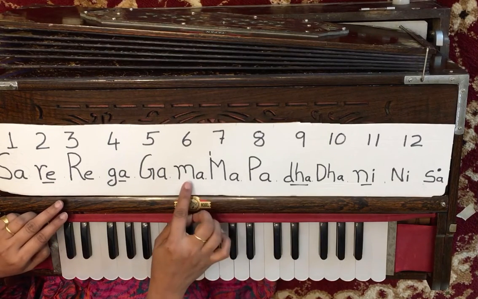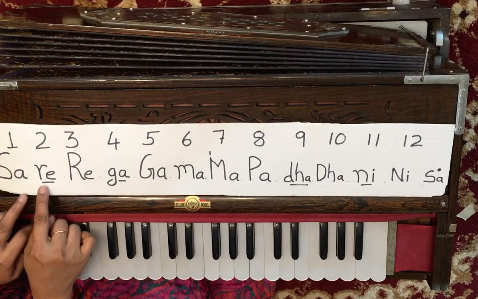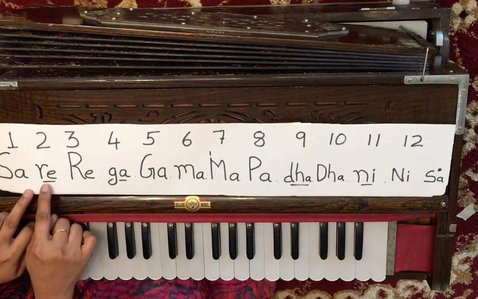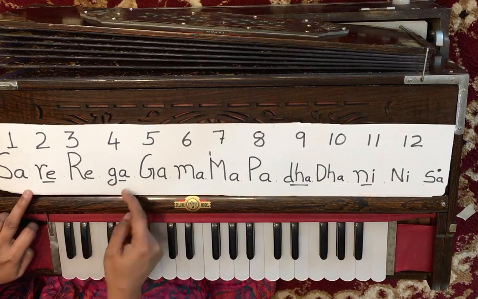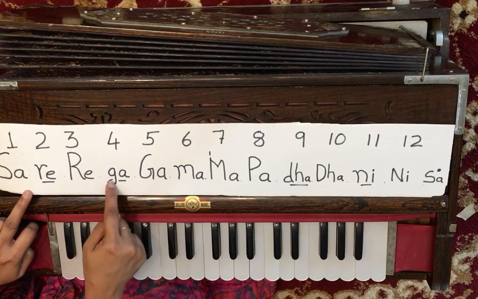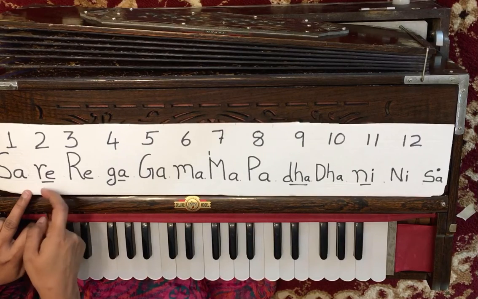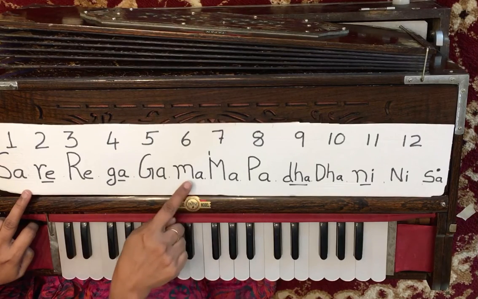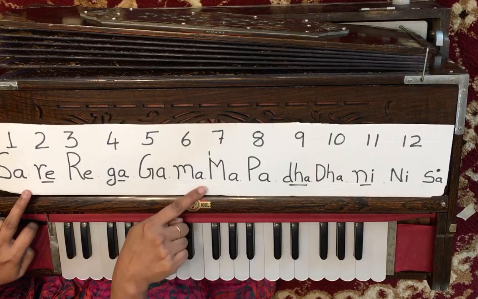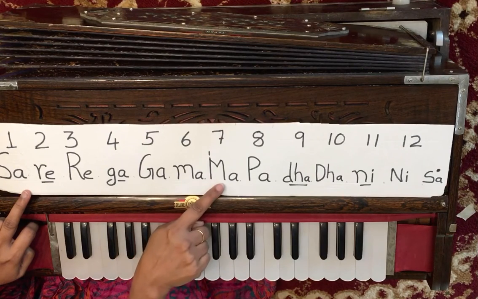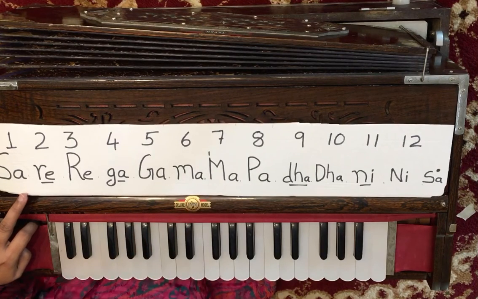It's higher than the usual ma. In these cases, for example, this re, this ga, these are lower than their actual counterparts, right? So these are minor or softer or komal, whereas this ma is higher, so it is sharper and teevra.